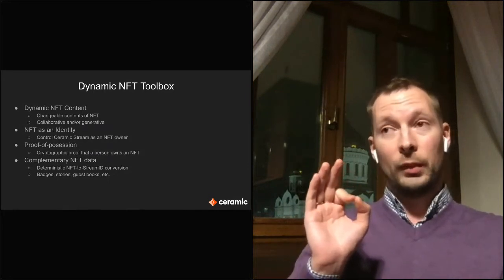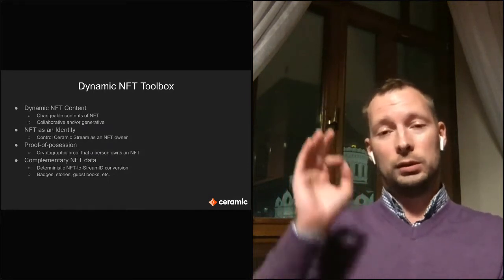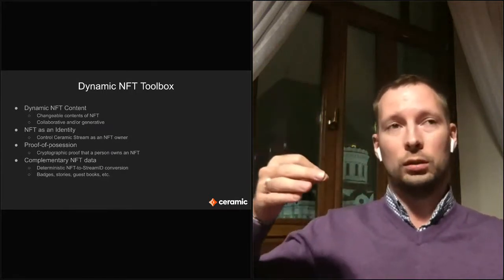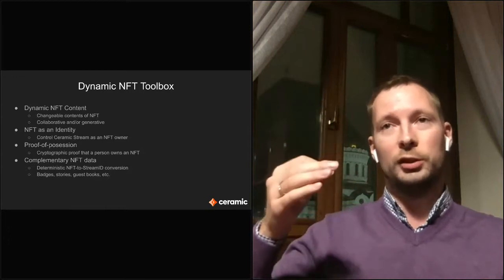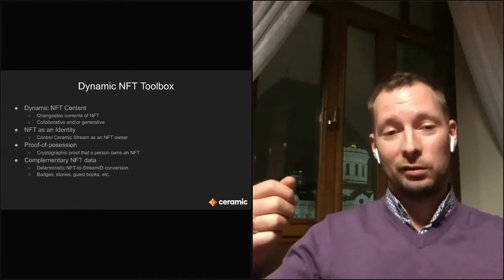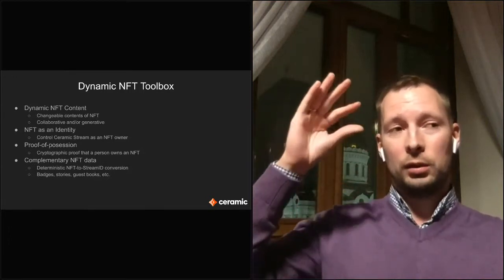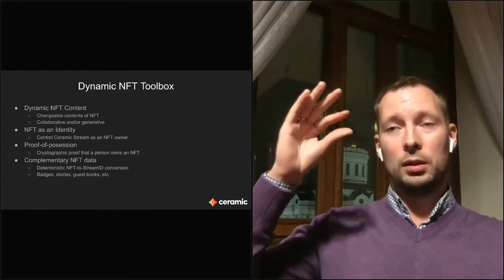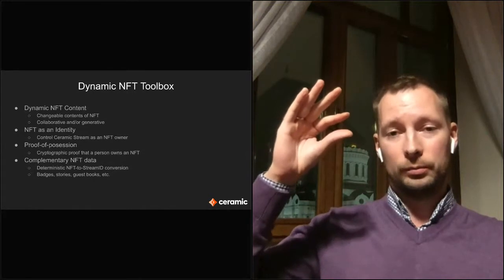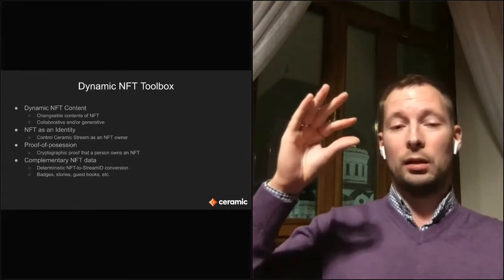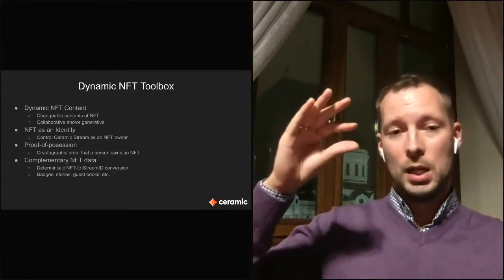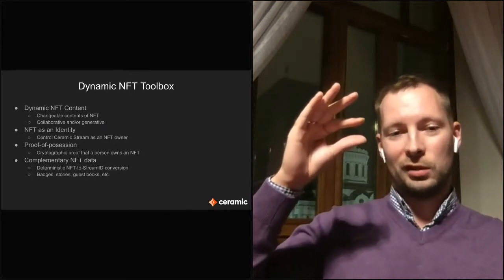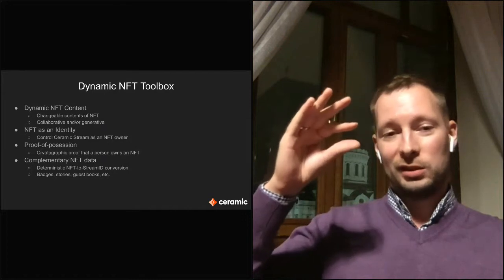So you could have a Ceramic stream that is an evolving stream of data, like JSON that you can edit. And we have cryptographic guarantees that only a specific list of identities can update the stream. So one of the controllers could be set as an NFT.